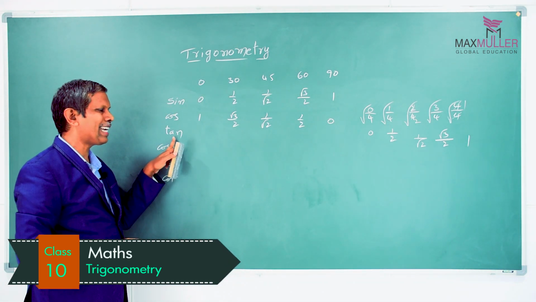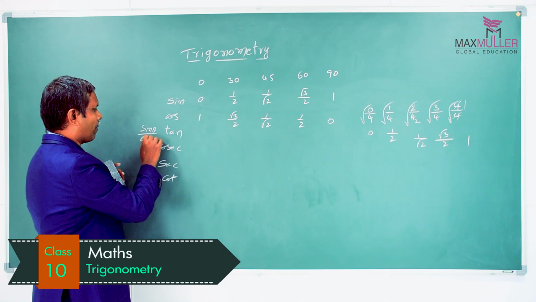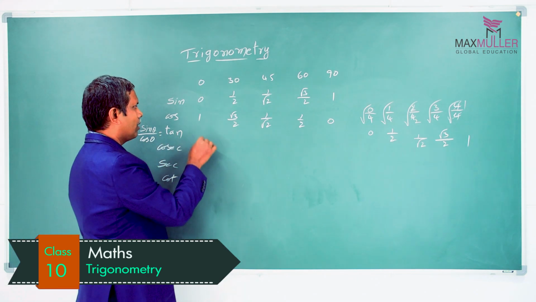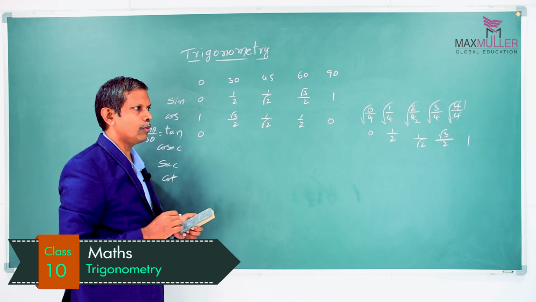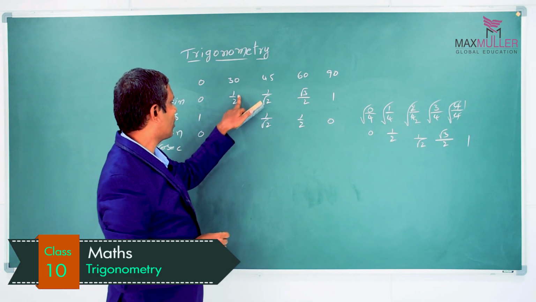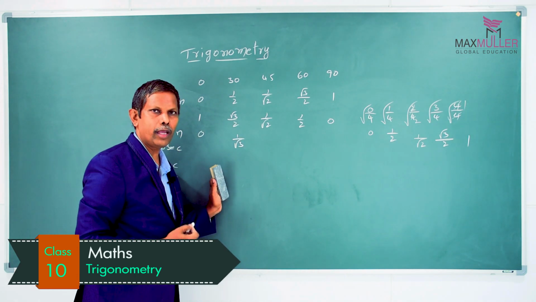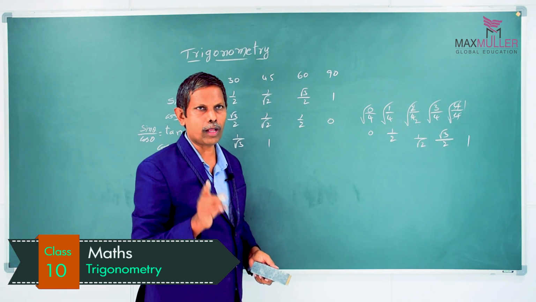Now I already told that tan is nothing but sin theta by cos theta. So you can write 0 by 1. 0 by anything, that value is 0 only. Here 1 by 2 over root 3 by 2, the 2 cancels, finally you will get 1 by root 3. These two same values both cancel, you will get 1.